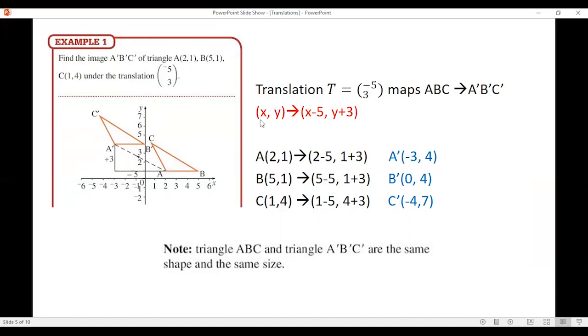All the coordinates x and y under translation T with coordinates minus 5 and 3 become x minus 5, y plus 3. You can see all the operations done here for each point of the triangle ABC.